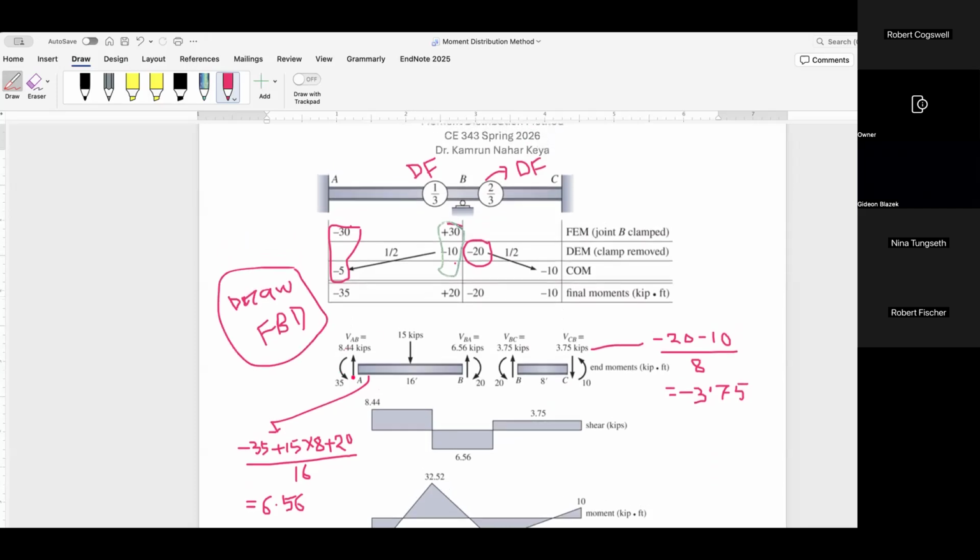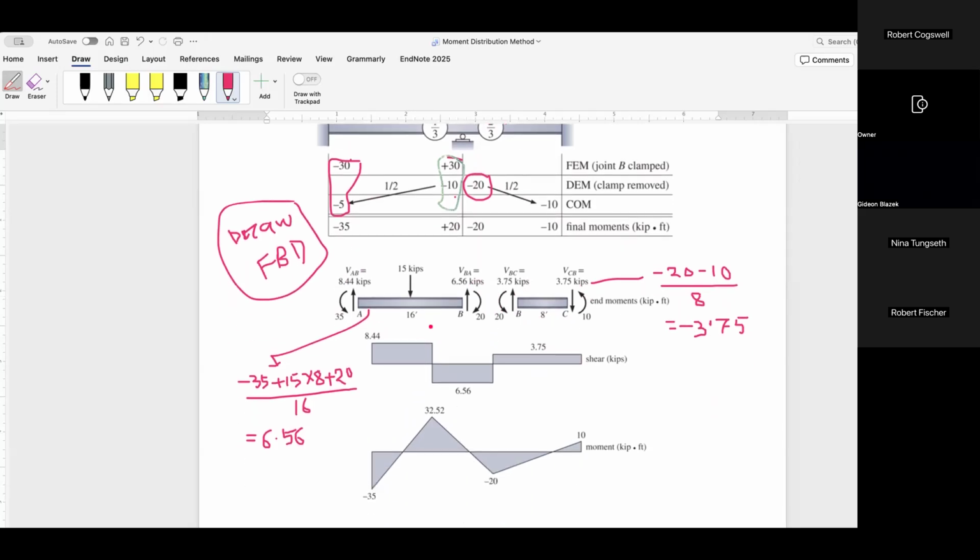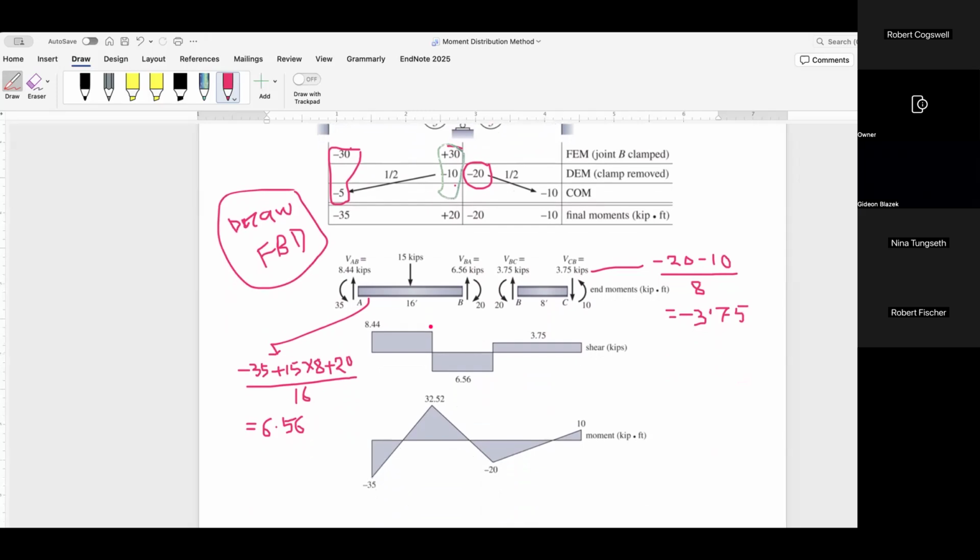So here we have minus 30 and plus 20 for AB. Then for BC, minus 20 and minus 10. Write that, please. And now again, as I told you in the last class, or the one before, you don't need to take a moment and then compute the force.